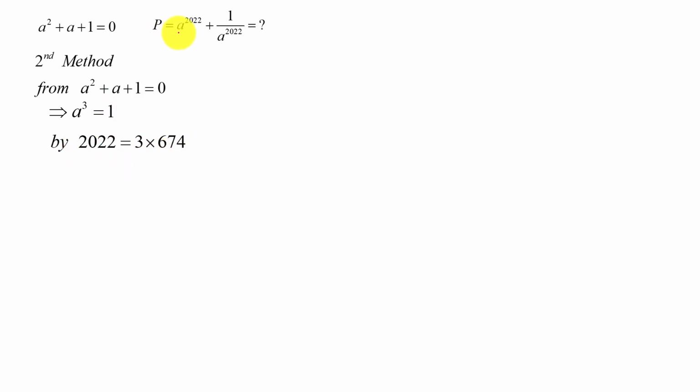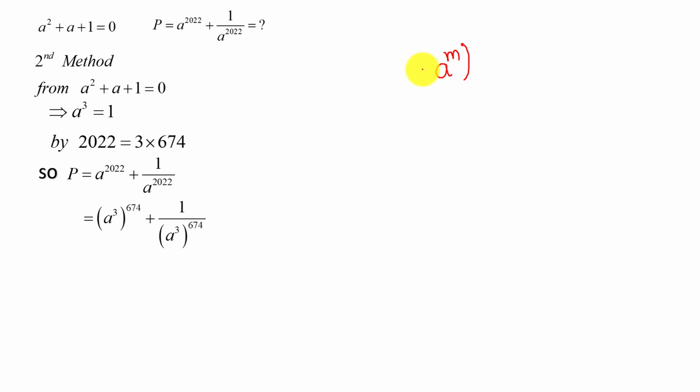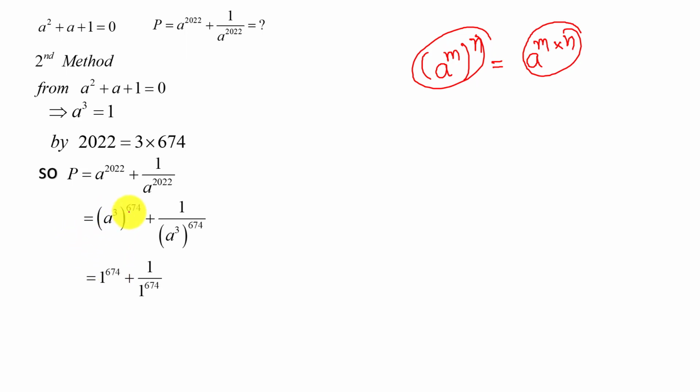So I can write the expression P equals a^2022 + 1/a^2022 equals (a³)^674 + 1/(a³)^674. Here we use the rule (a^m)^n equals a^(m×n). Since a³ equals 1, we get 1^674 + 1/1^674. 1^674 is equal to 1, so we get 1 plus 1 equals 2. So this expression P is equal to 2.